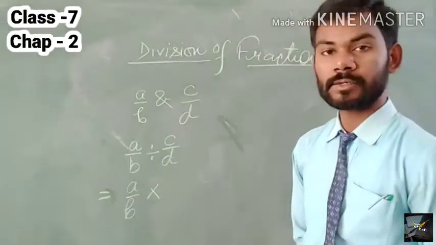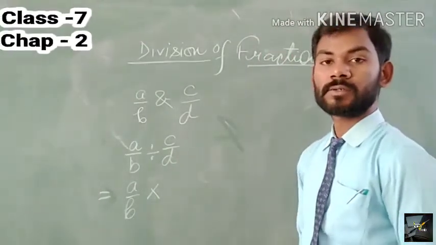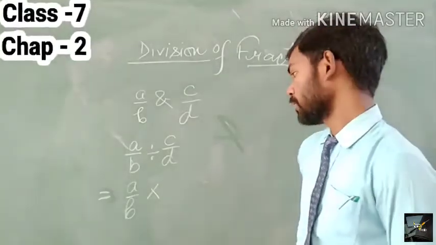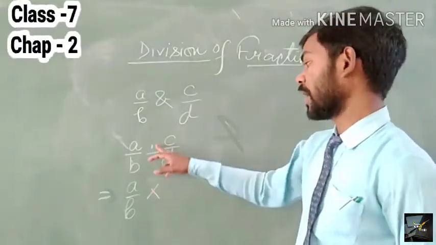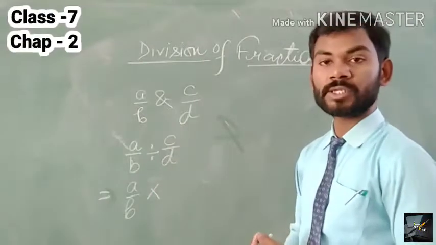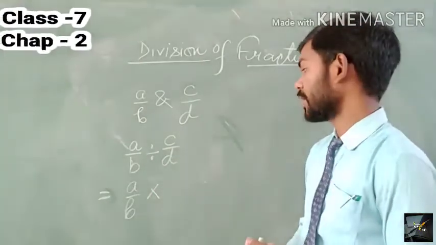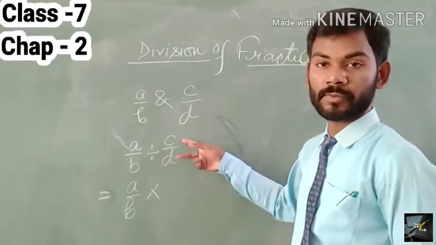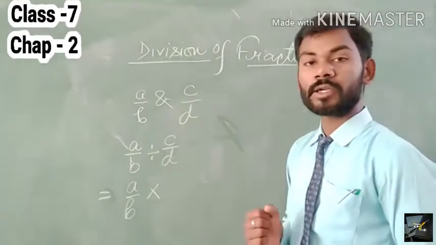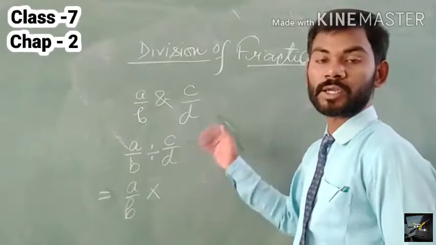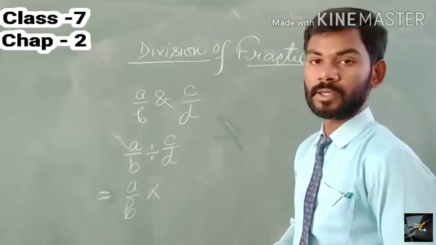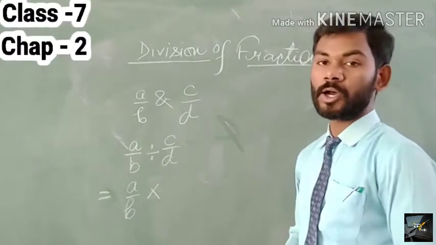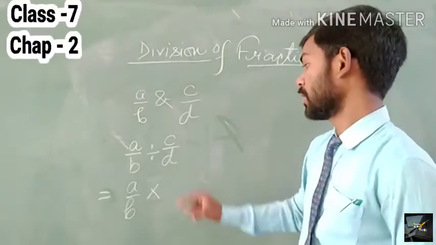Since we know that multiplication is the reverse process of division, therefore when we write the reverse operation of division, the second fraction will also be reversed. But it will not be fair to say the reverse of a fraction, so we should use the word reciprocal of the second fraction.